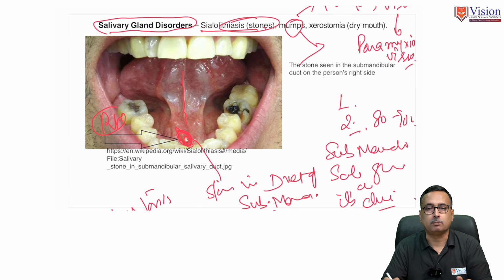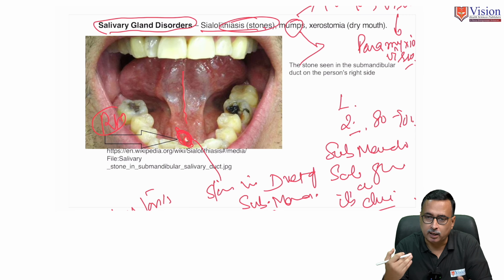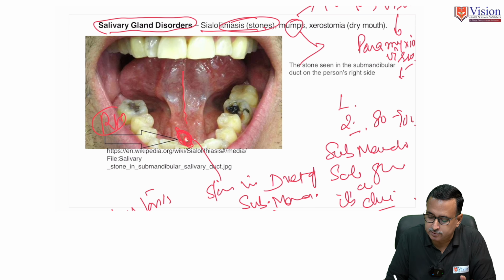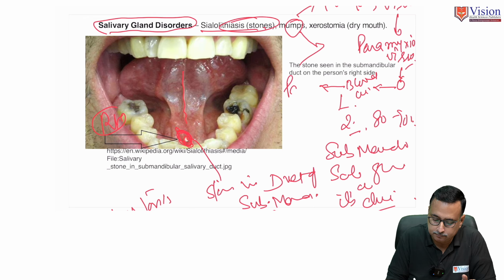So this mumps virus, or paramyxovirus, may be inhaled through the respiratory tract. It enters the respiratory tissue and proliferates. From here it enters the blood circulation, and from the blood circulation, it predominantly harbors in the parotid gland.